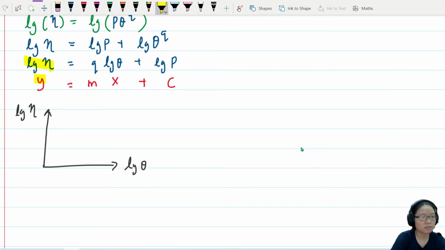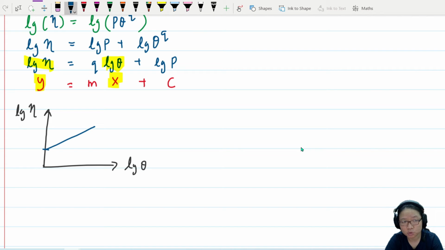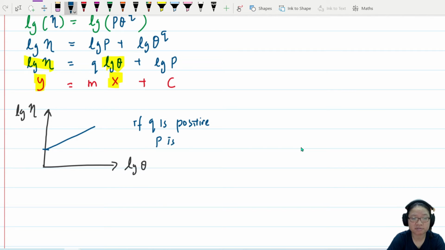This is y, this is x. Gradient, if q is positive, then gradient is positive. Let's assume it's positive first because we don't know whether q is positive or negative. And p is positive, also don't know.